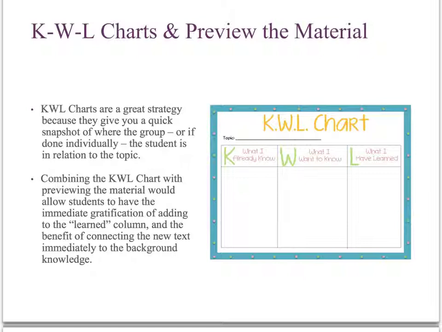I know most of us do picture walks starting in ECE through early elementary, and we continue the strategy on through middle school by teaching students how to walk through a text and use the graphics, headings, and subheadings to find the main ideas and get an idea of the content.